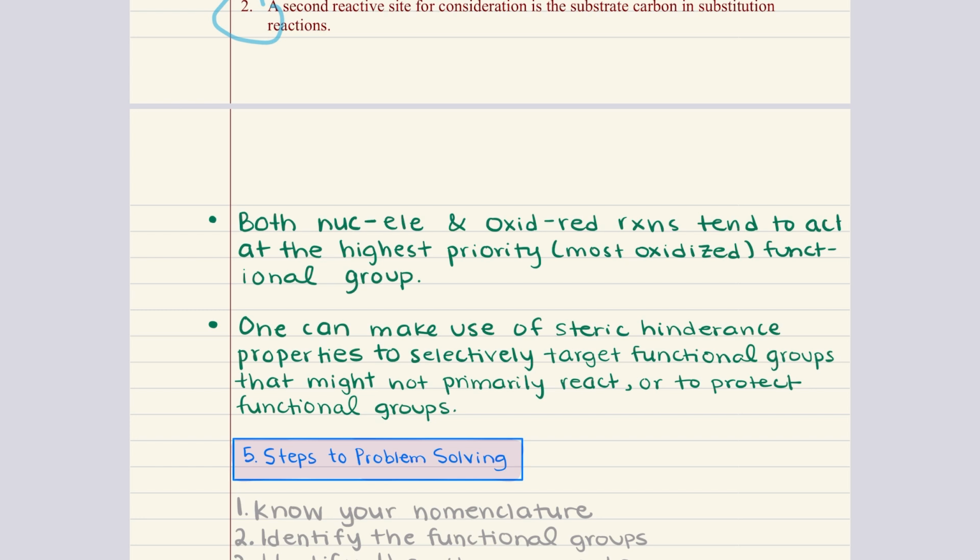The most oxidized functional group is often the most reactive site, meaning that oxidation, reduction, or nucleophilic attack will typically target the functional group with the most bonds to oxygen or other electronegative atoms. However, chemists can manipulate reactivity by taking advantage of steric hindrance.